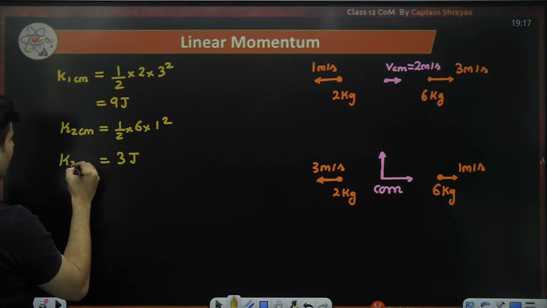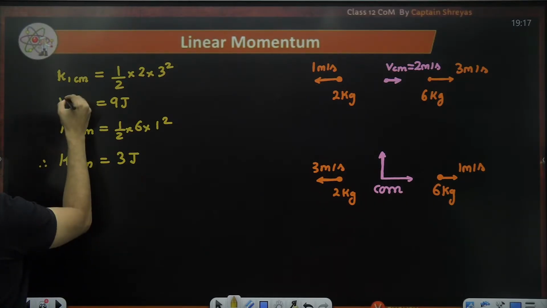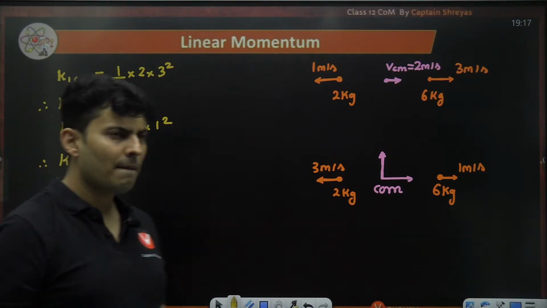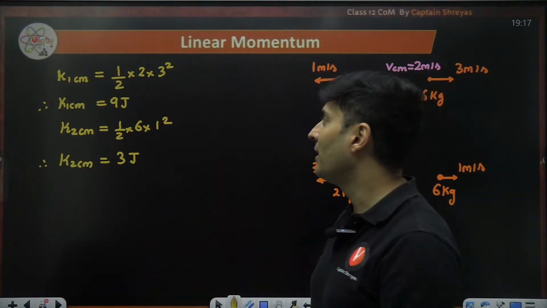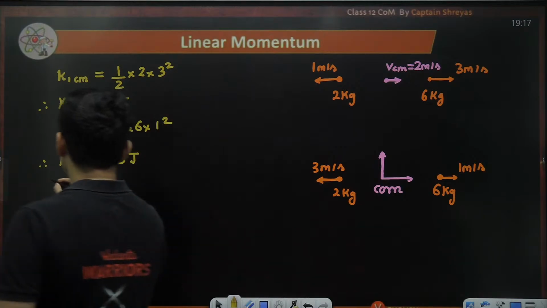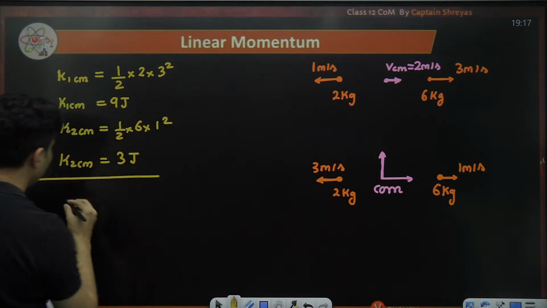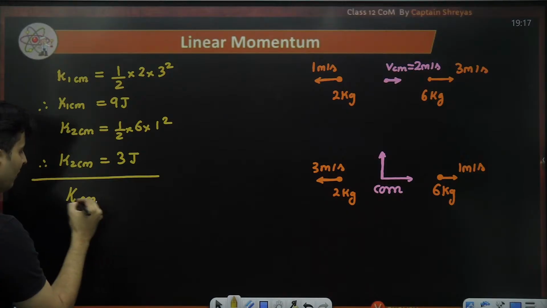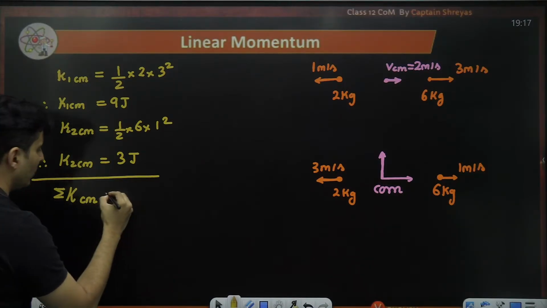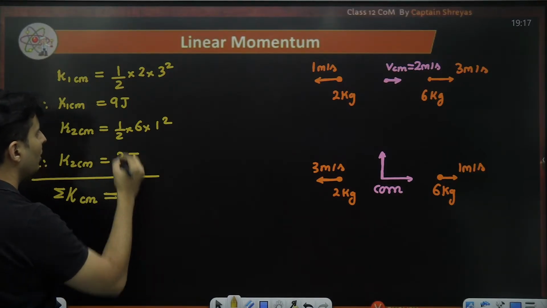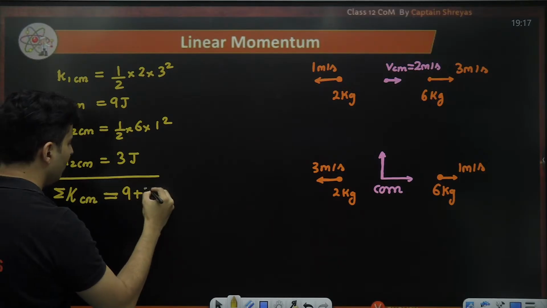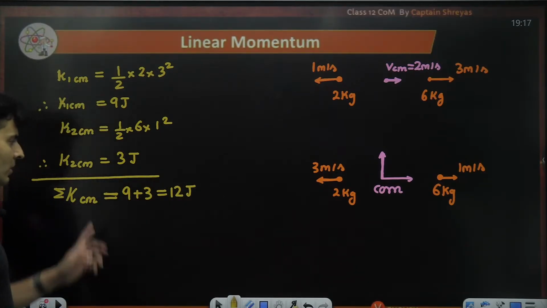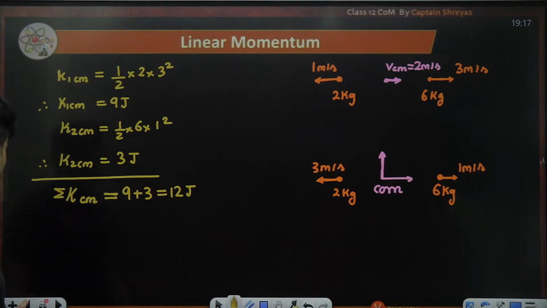So this is kinetic energy of 2 from the center of mass, and this is kinetic energy of 1 from the center of mass. What do I do with this, you might ask. Okay, let me do one simple thing. What is the total kinetic energy from the center of mass frame? It will be 9 plus 3, which is obviously 12 joules.